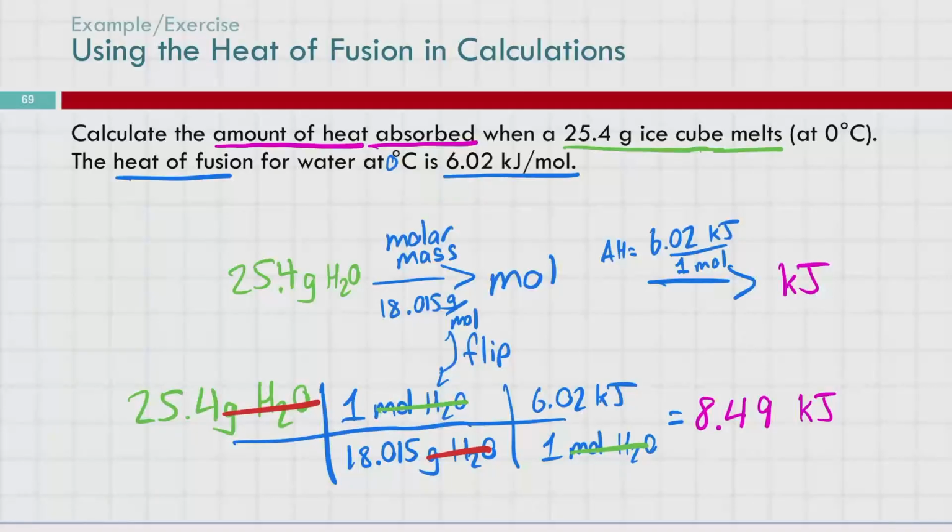There is something tricky that can happen with these delta H problems. And that has to do with if it's asking you for the amount of heat or if it's asking you with some directional language like absorbed or emitted. In this case, it's asking us how much was absorbed. It's going from solid ice to liquid because it's melting.